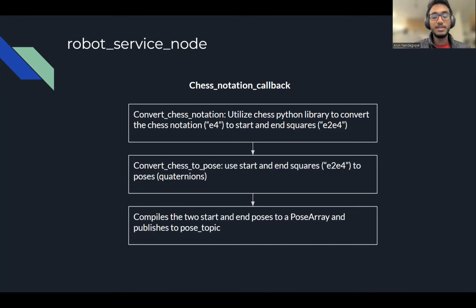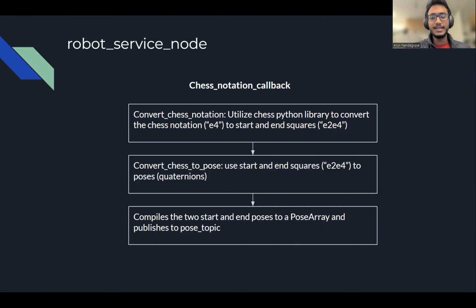We use this message type called pose array, which has a header, a timestamp, and a list of poses. So we add the starting pose and ending pose as a list to this pose array.